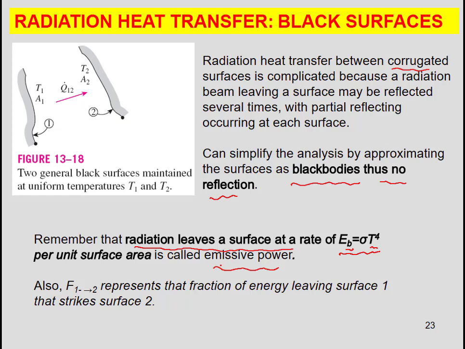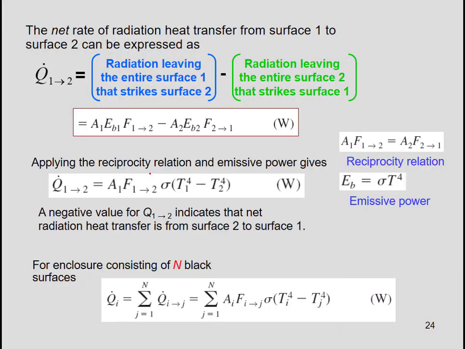And if you remember also, the view factor F1→2 means the fraction of the radiation from surface 1 which strikes surface 2. By knowing this information, we can find the net rate of radiation heat transfer from surface 1 to surface 2 by this equation.